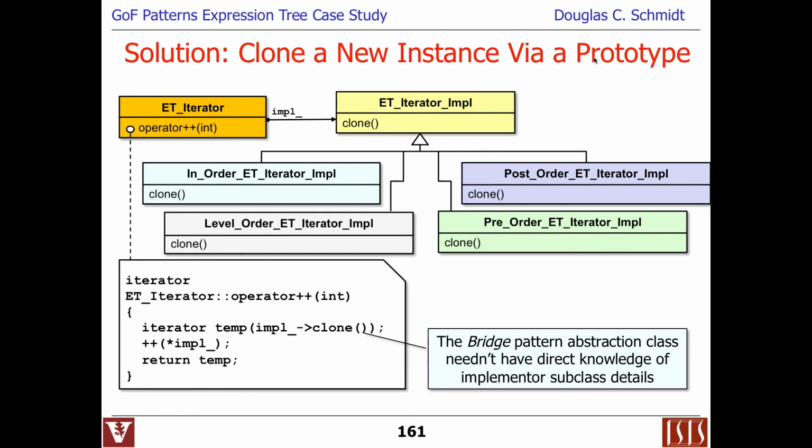And one method in the bridge implementation uses the prototype pattern to clone the appropriate subclass in order to fulfill its semantics. So that's an example of where we use prototype as part of the bridge implementation. Will it often be coupled like that? Depends on how far you push it.